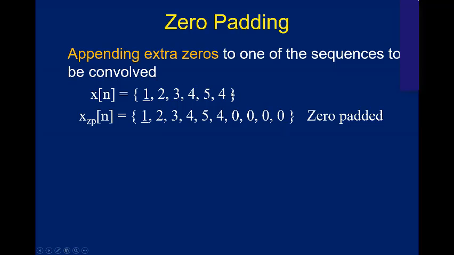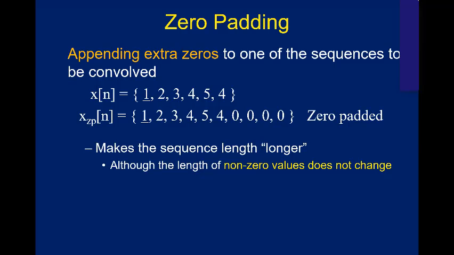Now, x sub n, we understand that x sub n has the value of 0 beyond this point anyway. What we're doing by including the zeros in here is saying, I'm going to actually explicitly include those extra zeros in my convolution process.